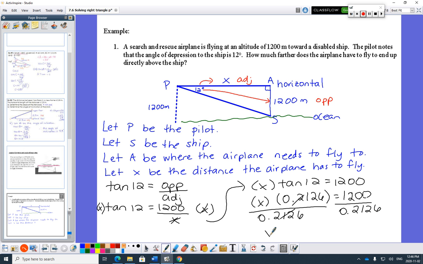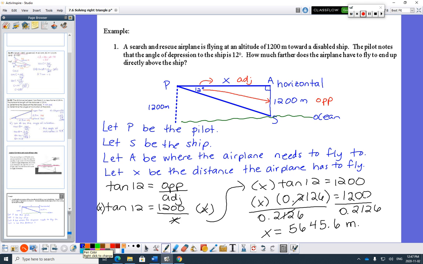These cancel. That is a big number, but we already have 1200. That's a pretty big number. So when you do a word problem, because you're talking about distances often, the numbers can be big. That's okay.